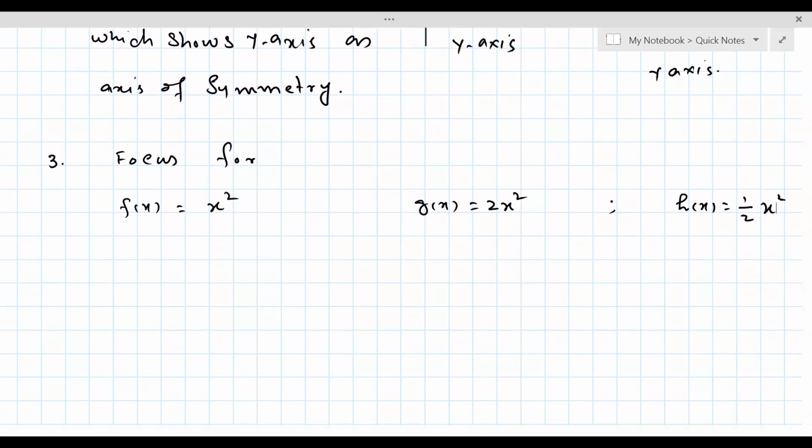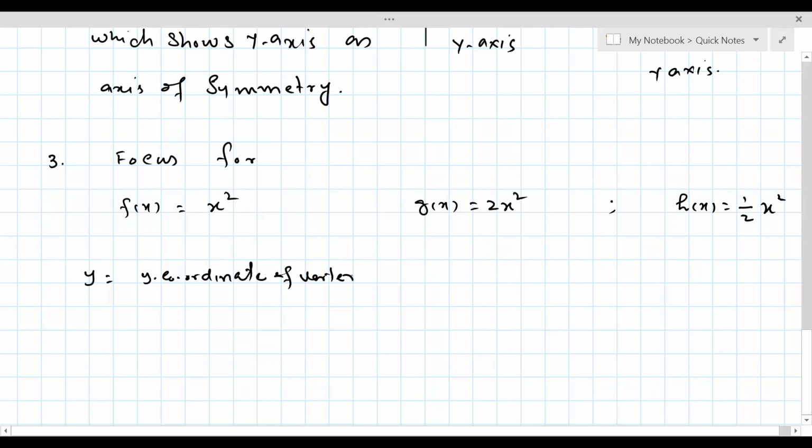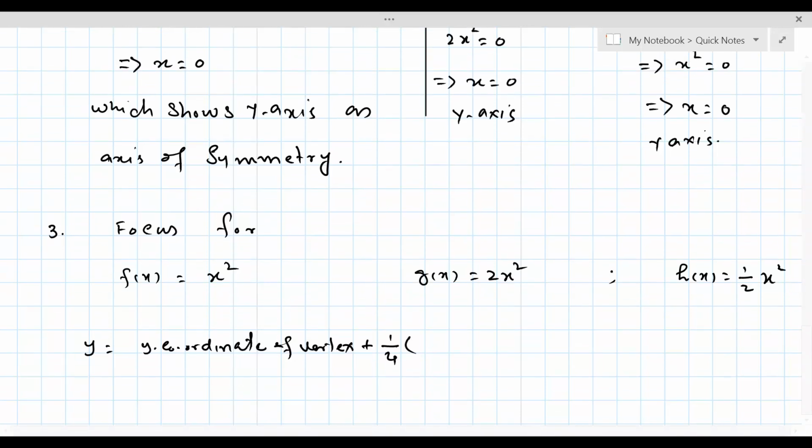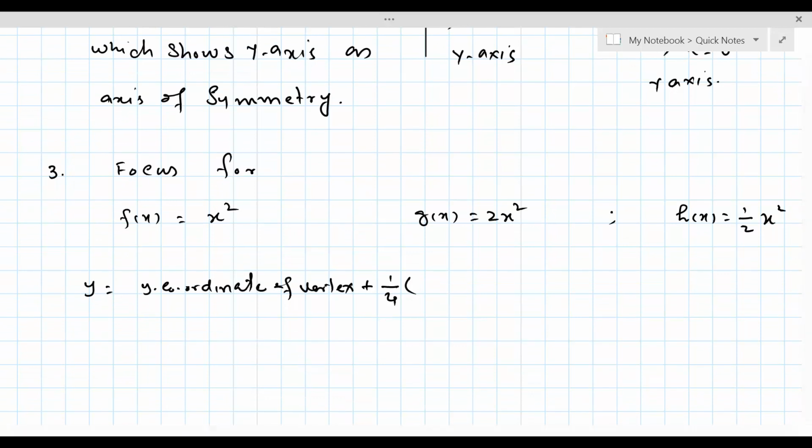So the y coordinate of the focus is equal to the y coordinate of vertex plus 1 by 4 of the value of a.